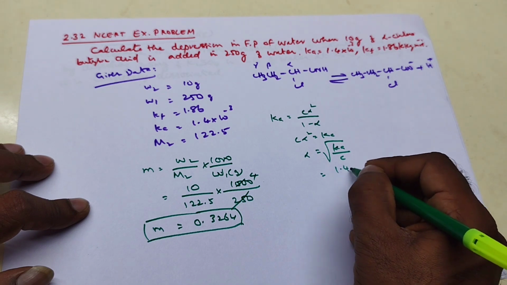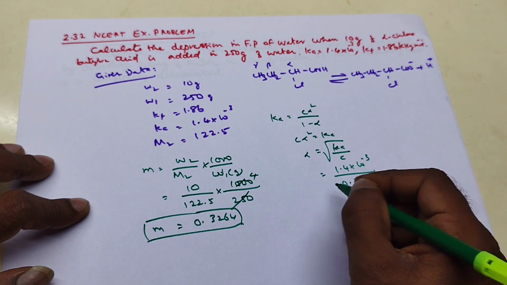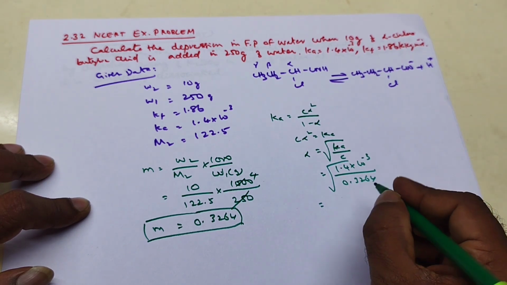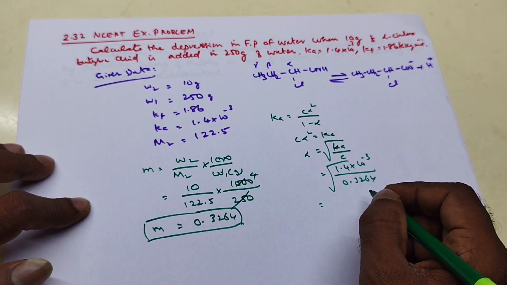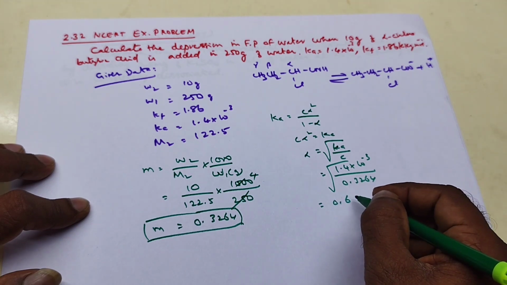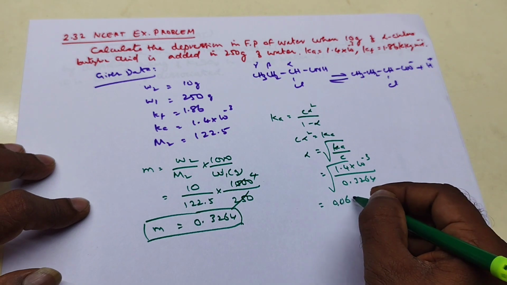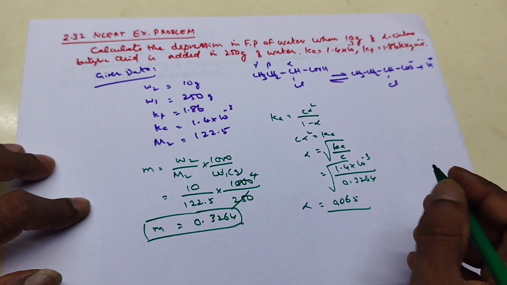Ka is 1.4 × 10^-3 by molality, which is 0.3264. If you simplify it, we are getting the value 0.065. So this is the alpha value.